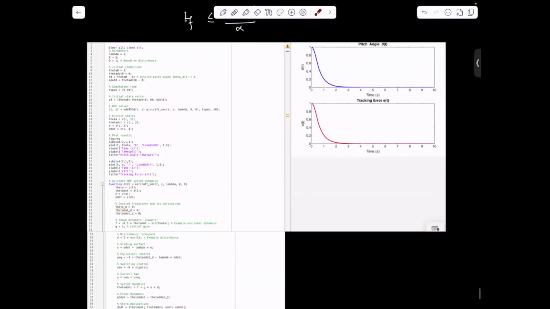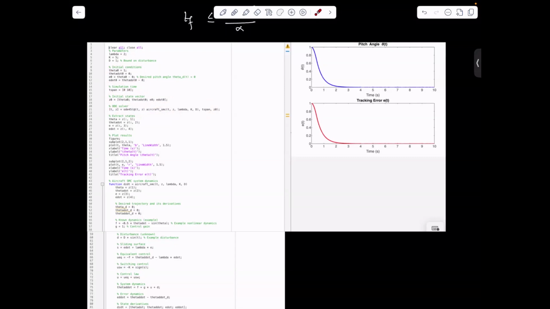The initial conditions are here for the different states. We are simulating this program for 10 seconds, which is 0 to 10 seconds. Based on these initial values, we can define the initial state vector like this. And this is the ODE solver, which can find the states.